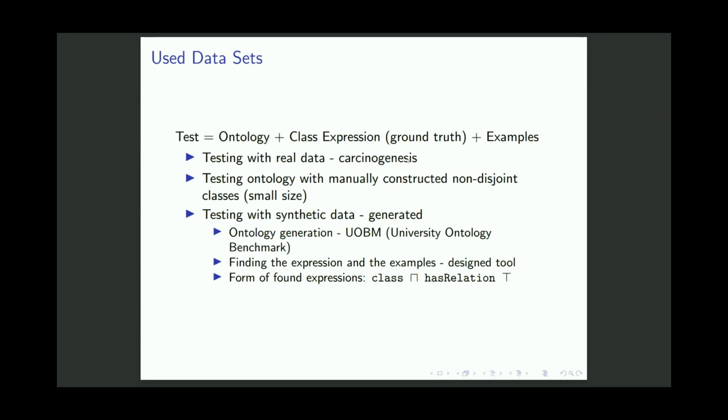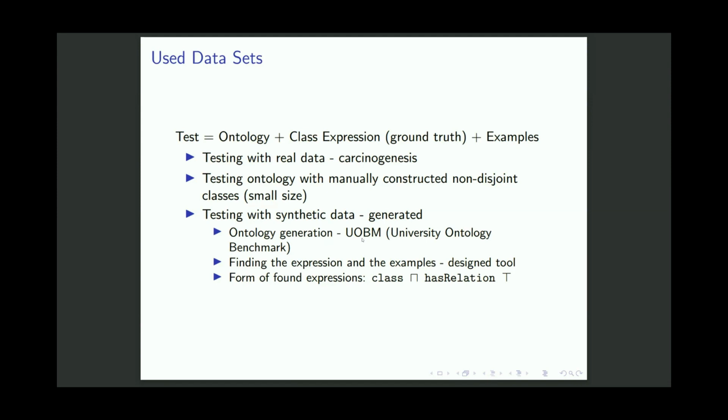Testing with real data, which is that carcinogenesis data set or problem that is used for this type of algorithms. Testing with an ontology manually constructed with non-disjoint classes. This is a really small one, maybe like 20 or so instances. And testing with synthetic data generated with this tool, University Ontology Benchmark.